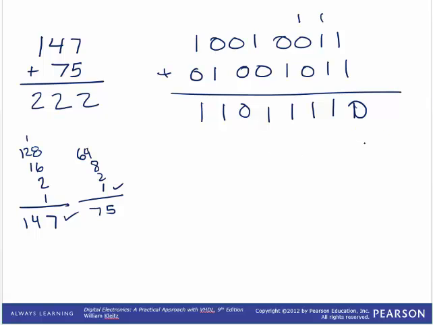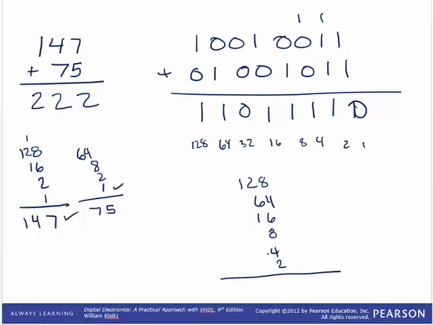Let's see what that is. That's in the 1s, 2s, 4s, 8, 16, 32, 64, and 128 place. So I have a 128, a 64, a 16, an 8, a 4, and a 2, so these should add up to 222.